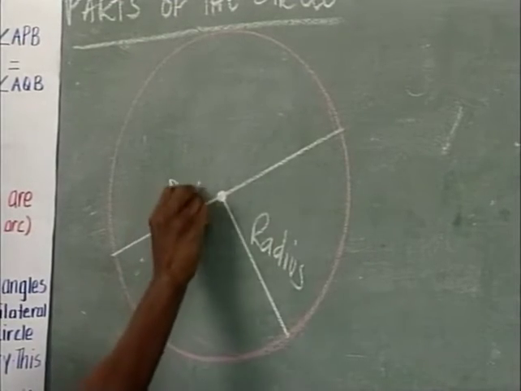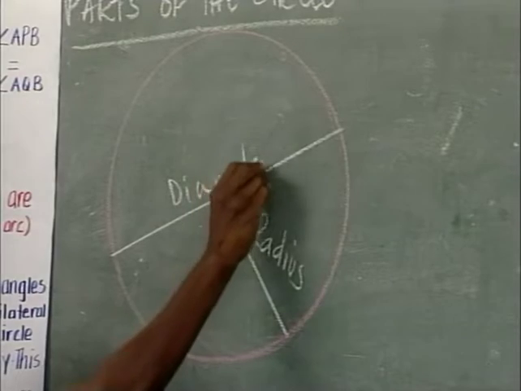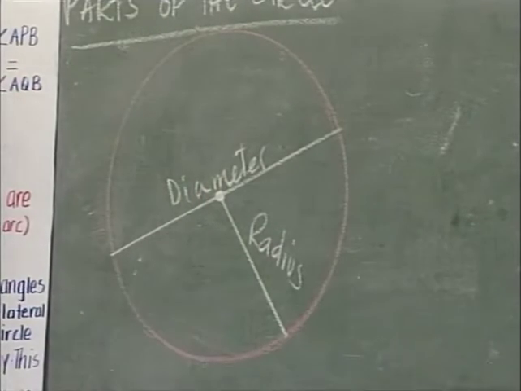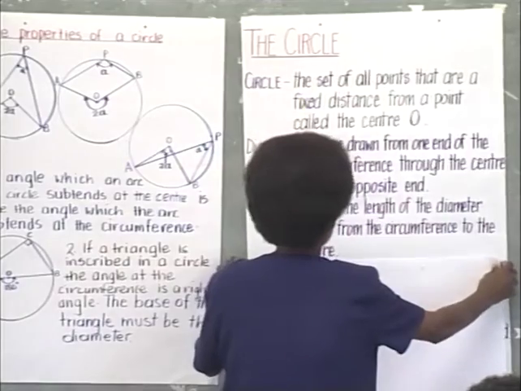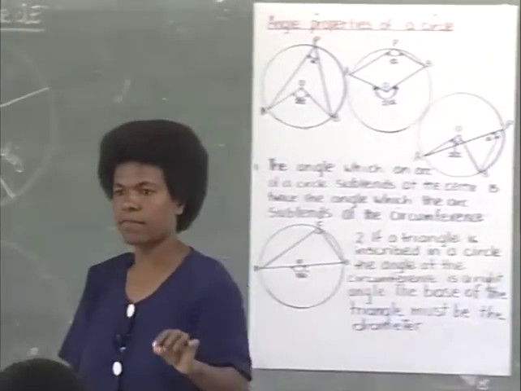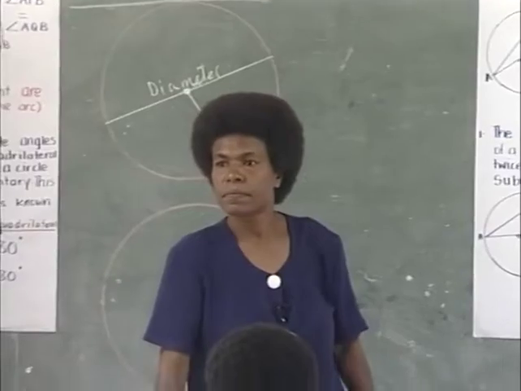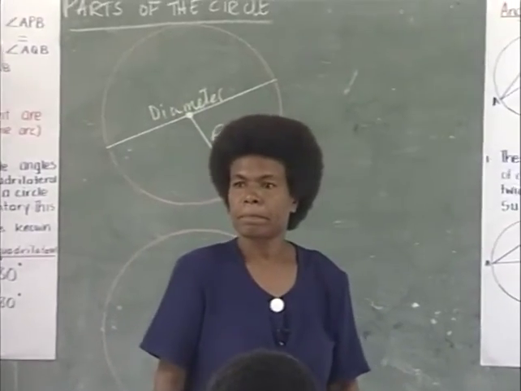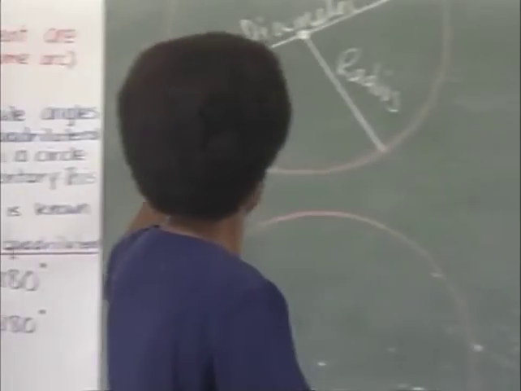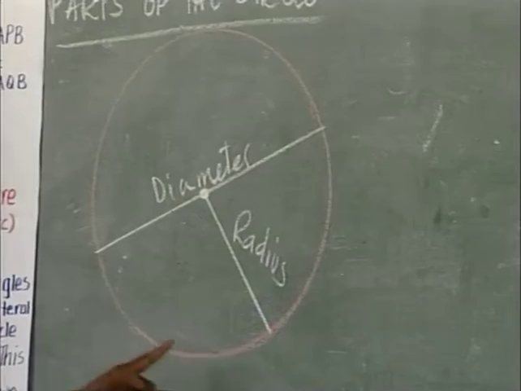Okay, that will be the diameter. All right? Next one, arc. What is an arc of a circle? Part of the circumference of a circle. So any part of this circumference is called the arc.